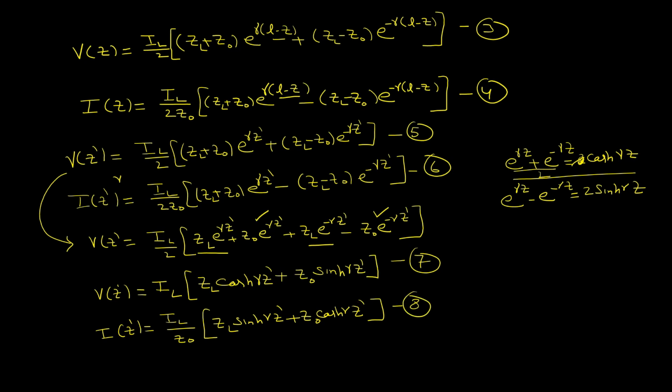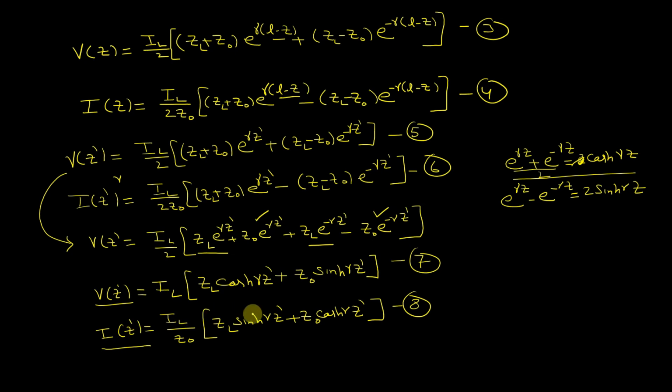Now you have the value of voltage at any point on the finite transmission line, and the value of current is also there. So you take the ratio of these two, voltage divided by current, and you will get the value of impedance at any point.